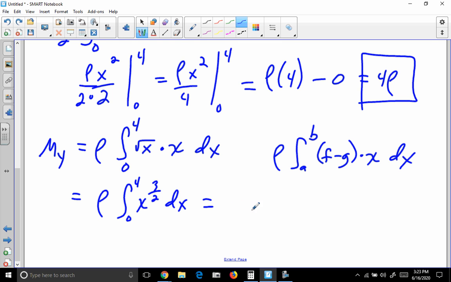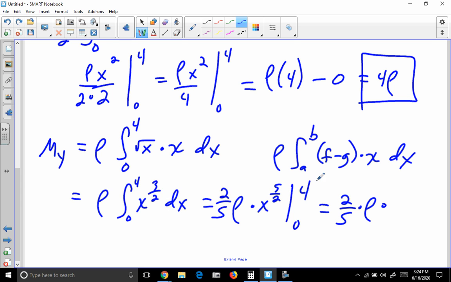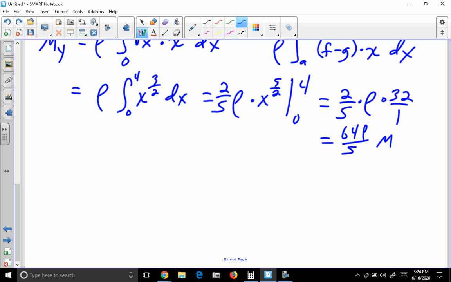When we integrate that, that's x to the 1 bigger power over that power, evaluated from 0 to 4. So we have 2/5 times rho out front. If we put a 4 in, the square root of 4 is 2. 2 to the 5th is 32. If we multiply that, we get 64 rho over 5. So that's the moment about the y-axis.